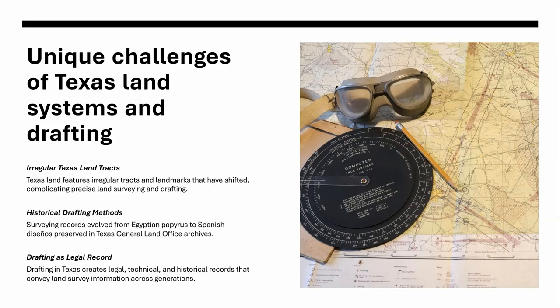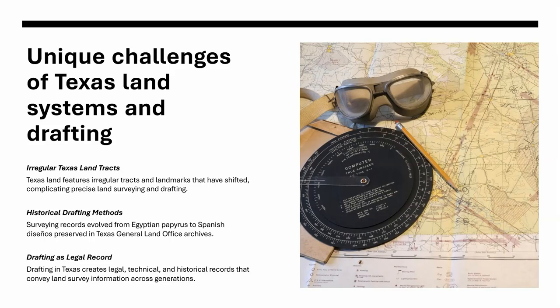Surveying has always needed a way to record results. The Egyptians drew on papyrus. The Romans etched maps on parchment. Spanish colonists drew diseños, sketch maps, of their surveys to make their work permanent, legible, and communicable across generations. Many of those sketches are still preserved today in the General Land Office.